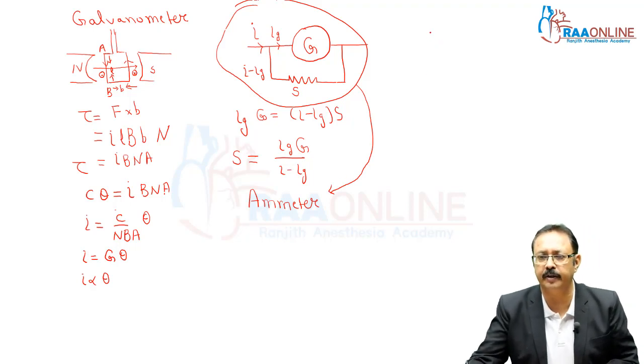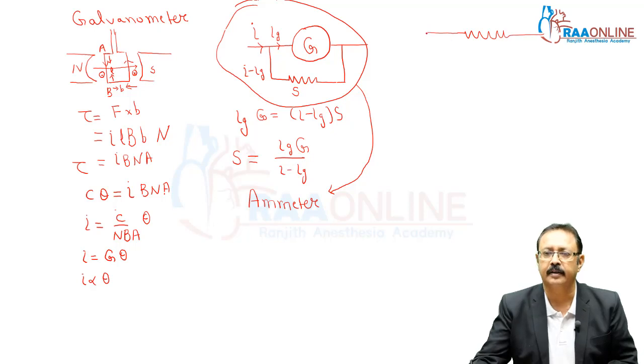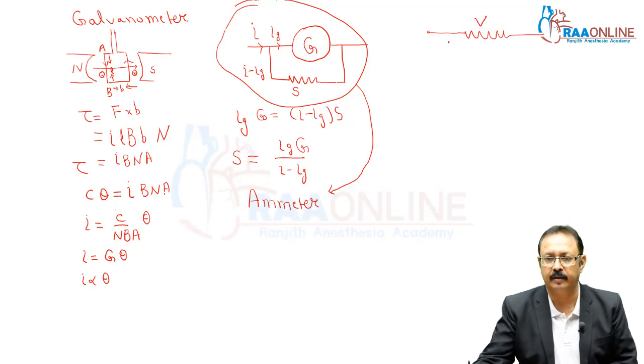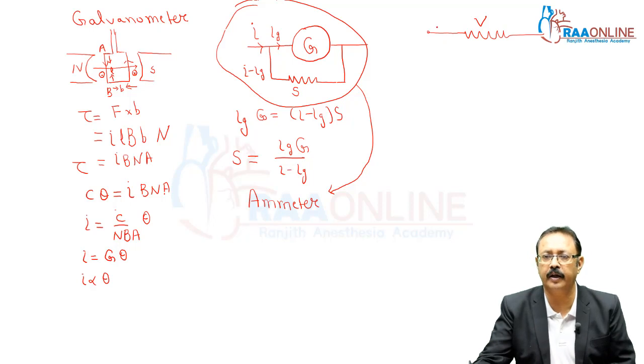If you want to measure the potential difference between 2 points, say across this resistance R, we know that V is I into R. We want the whole current to pass through it so that we get the actual value of I into R. But to measure this potential difference, we need one instrument.